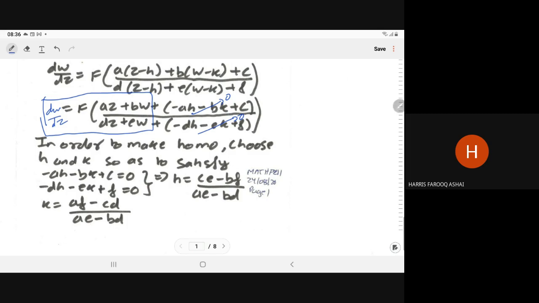So for the existence of h and k, this must be non-zero. So here ae minus bd must be non-zero, so that will give you ae not equal to bd. The same thing whatever we have done, we have here.